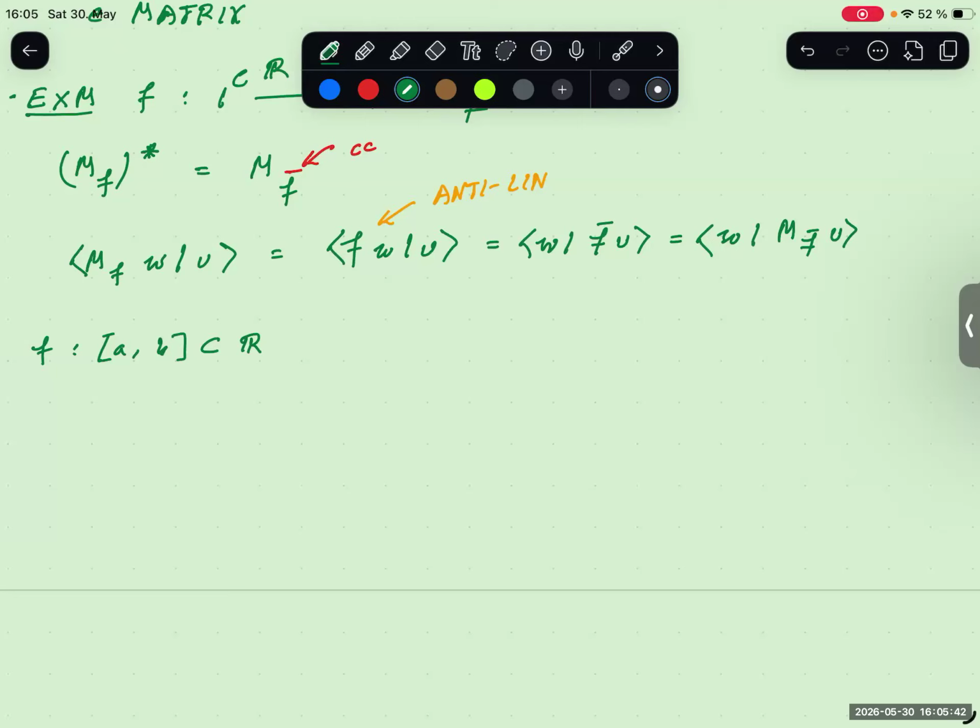Okay, this is called absolutely continuous. Oh, sorry, I forgot.